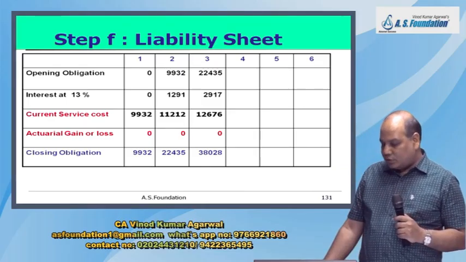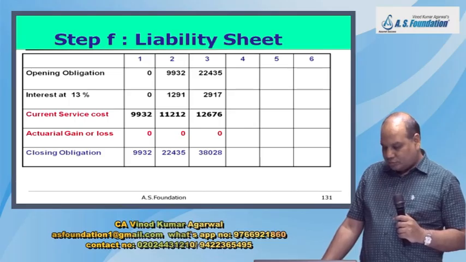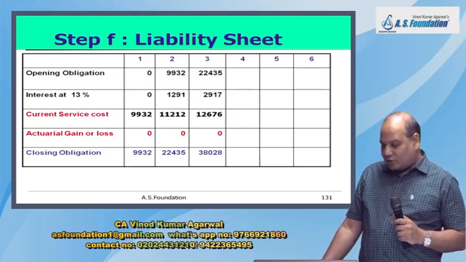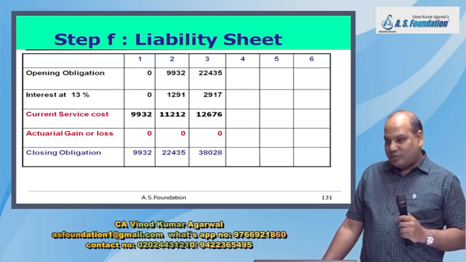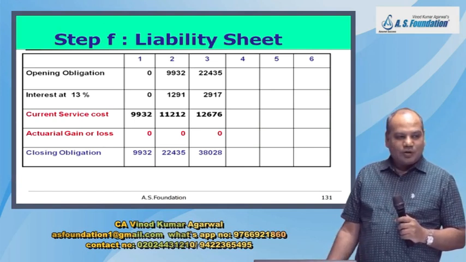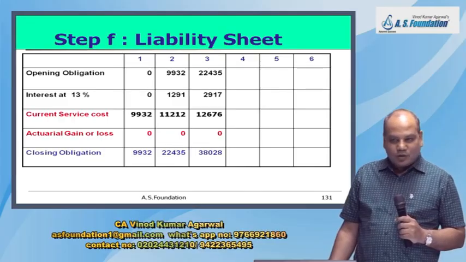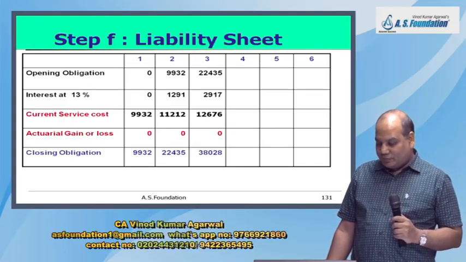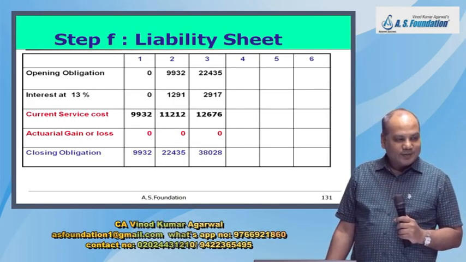First 3 years are over. Have you noted I have made a change in the format which you have not done? Actuarial gain and loss column also I have, or line also I have added. Right, one more column.